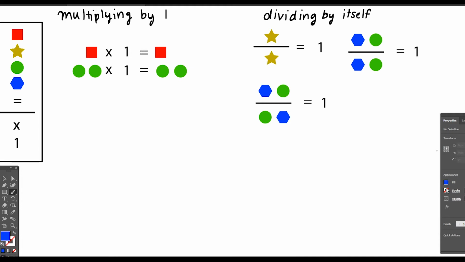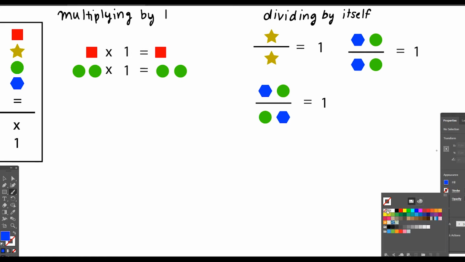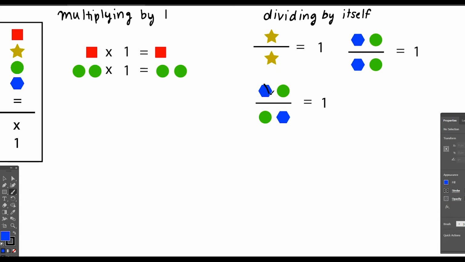Once again, I'm just going to cross out the top and the bottom. So I'm crossing out 1 blue hexagon on the top and bottom and 1 green circle on the top and bottom. Okay, and my answer is still 1.